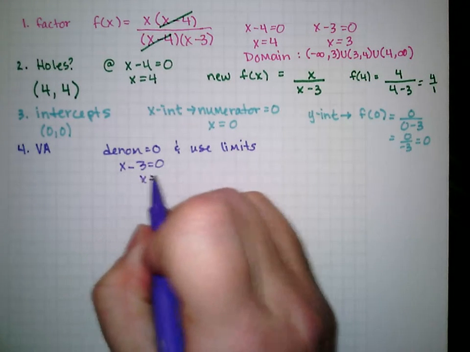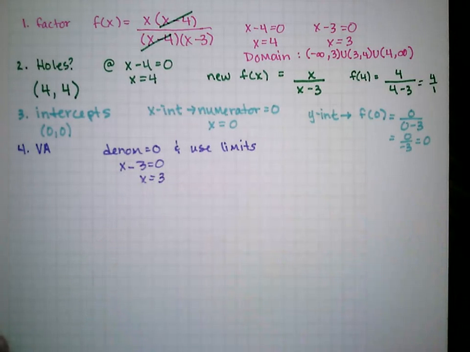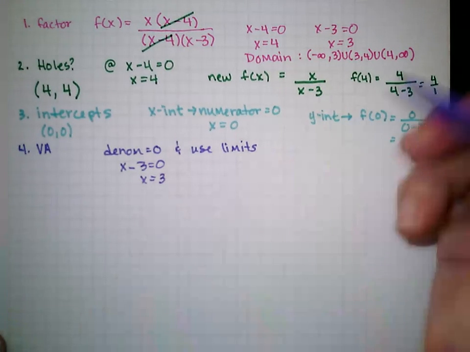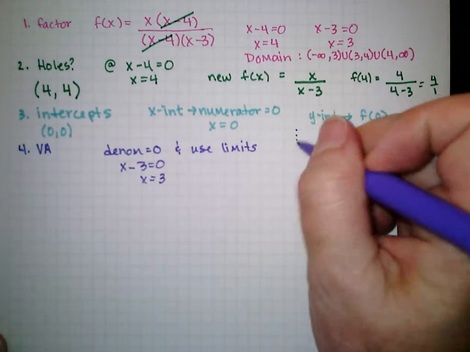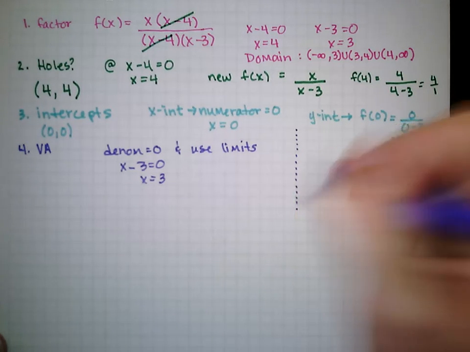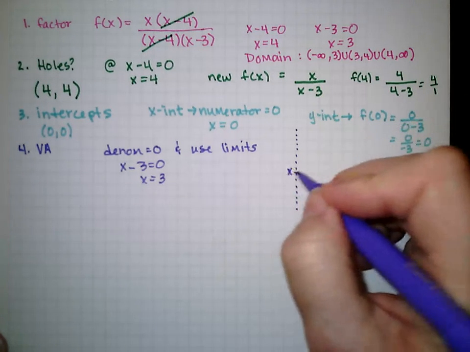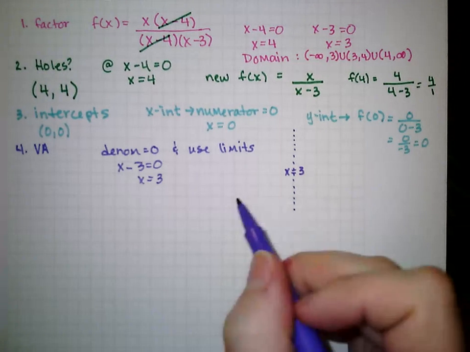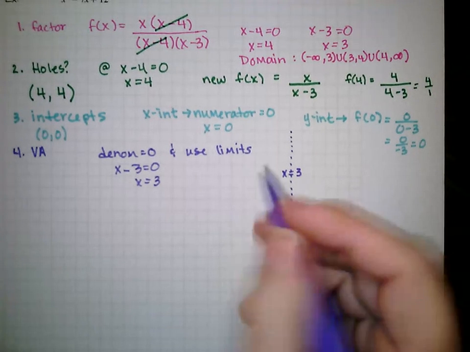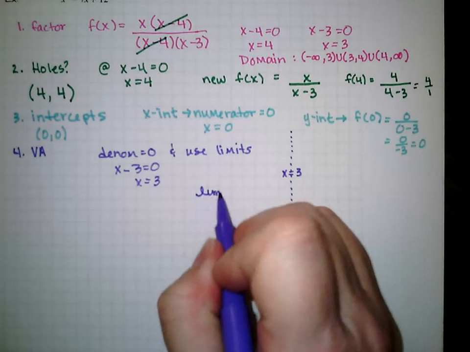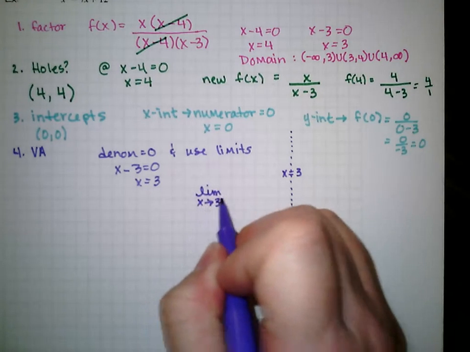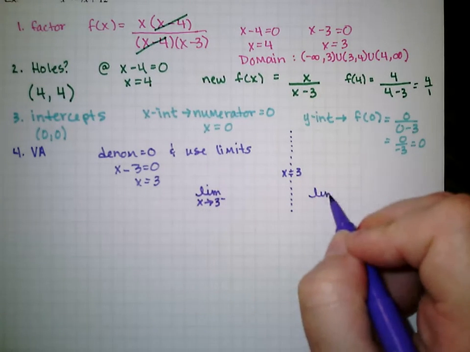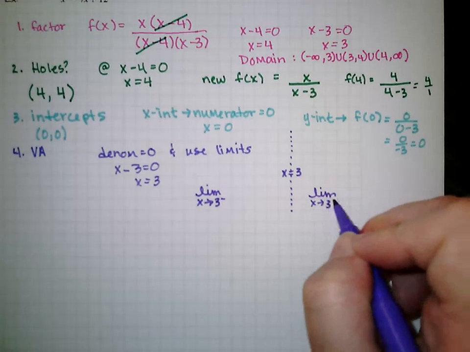So x equals 3 is our vertical asymptote, which means that it is a vertical line, x equals 3. And then we need to determine what happens on the left and right-hand side of 3. So we do that by taking the limit as x approaches 3 from the left and the limit as x approaches 3 from the right.